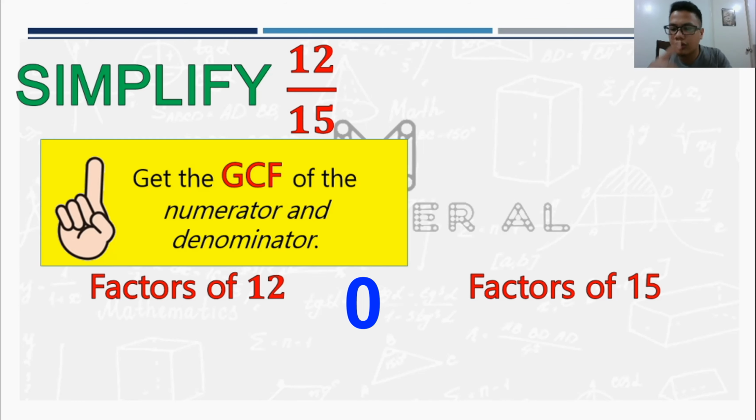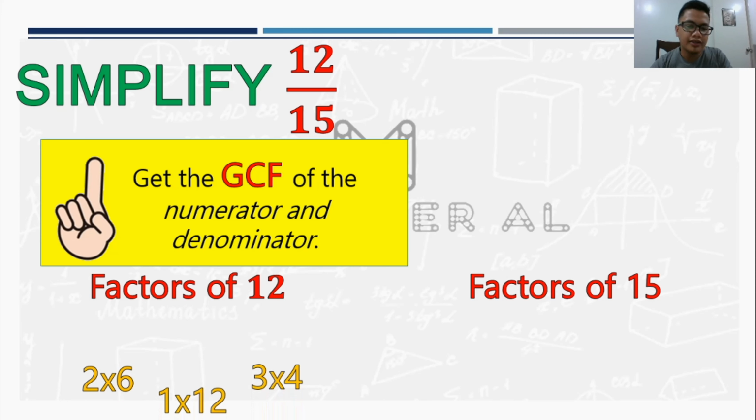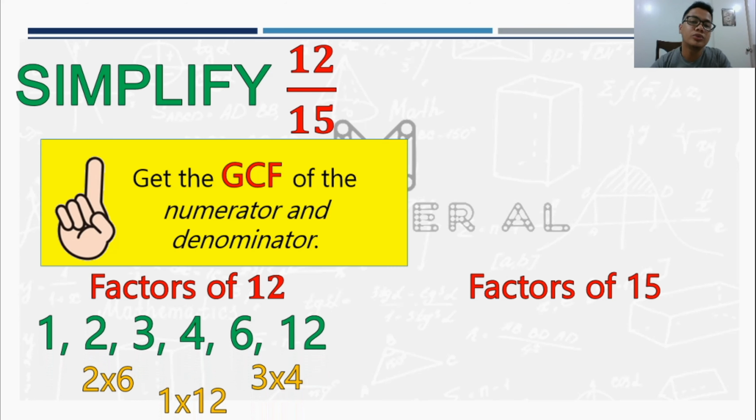Okay, you should have it already, the factors of 12 and 15. So we have here 2 times 6, 1 times 12, and 3 times 4. Therefore, the factors of 12 are 1, 2, 3, 4, 6, and 12.